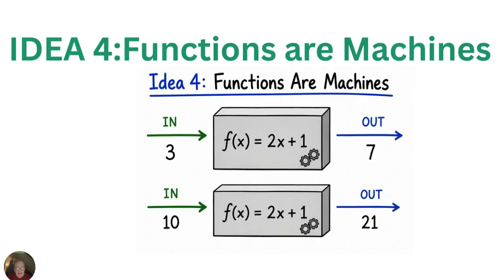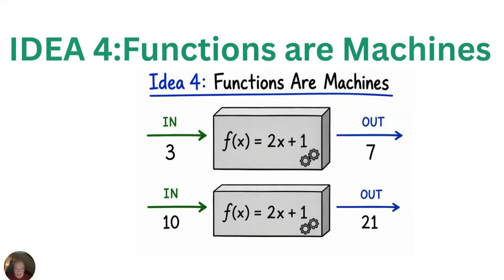So now we're looking at idea 4, which is about functions. And functions are nothing more than just machines. You have to think of the equation as the machine or the function. And we name the function with the letter f in this case, because we have one equation, so we're just calling it f.